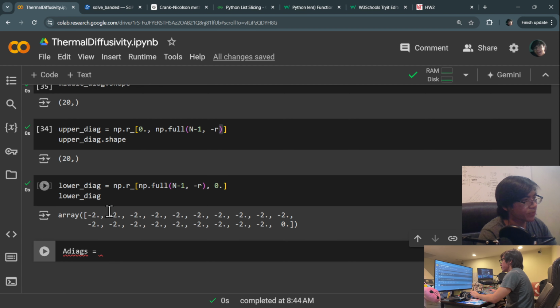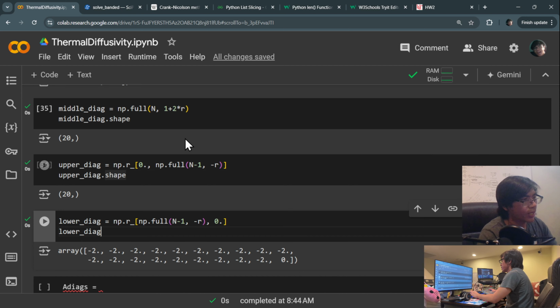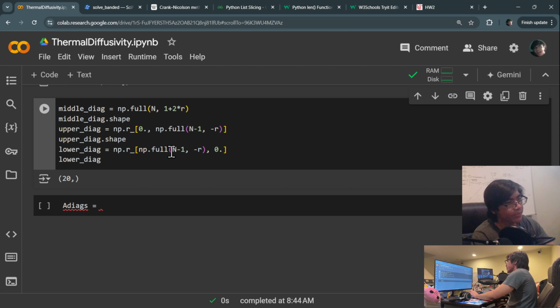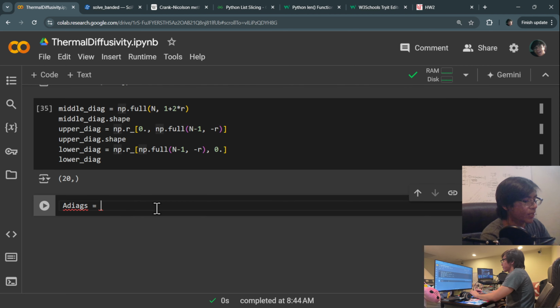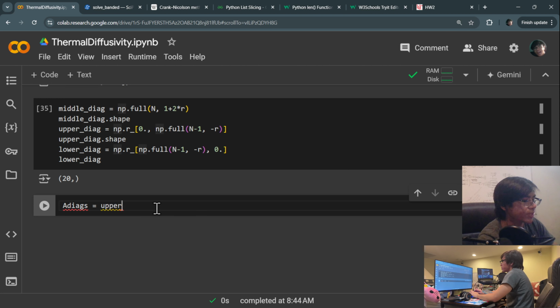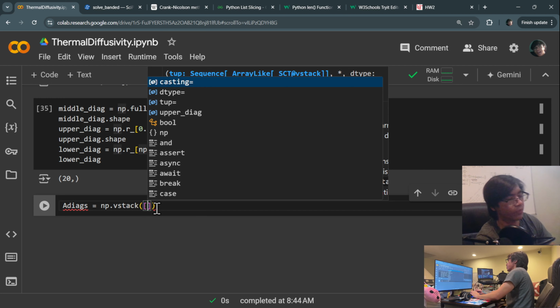Awesome. So all I'm doing here is adding the variable names. In class we wrote all the variable names just as is without actually assigning them names, but for me this helps me keep track of what I'm doing. So as we vertical stack, obviously upper diag, middle diag, lower diag. So that's how we stack these vertically. Remember to actually stack them, I want to supply them as one array.